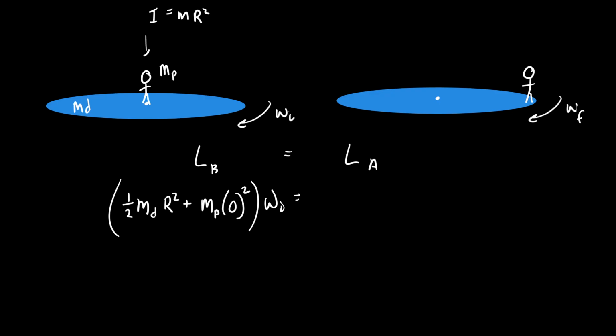So that's where we start. Now that has to be equal to the angular momentum after they walk to the edge. So we're still going to have two parts to the moment of inertia, but one won't be 0 this time. The disk doesn't change, but now the person is at the edge.